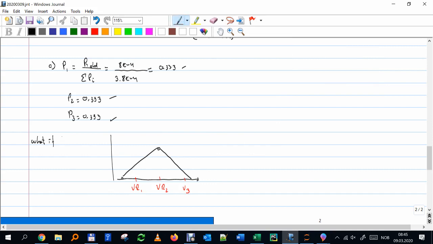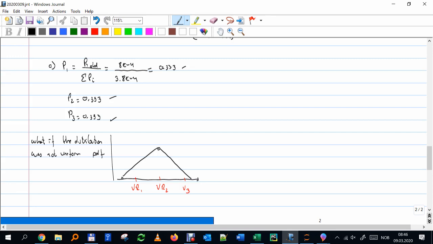What if the distribution was not uniform? Now the PDF is like that.